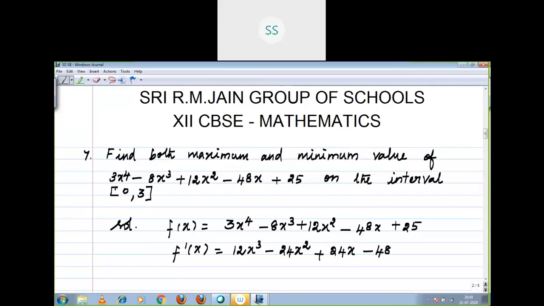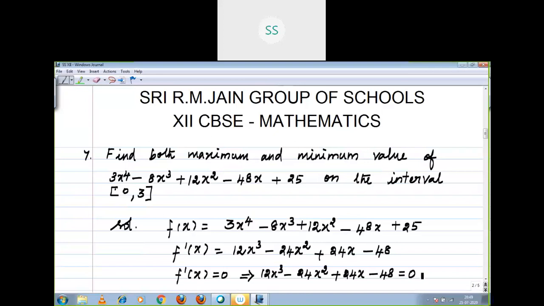Next step, what I told you, you have to equate the derivative to 0. Now, f'(x) = 0, which implies 12x³ - 24x² + 24x - 48 = 0.